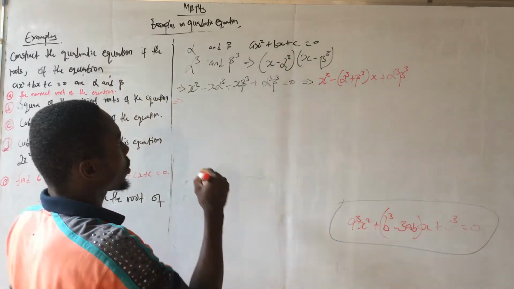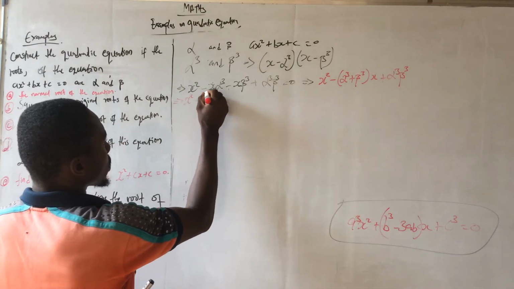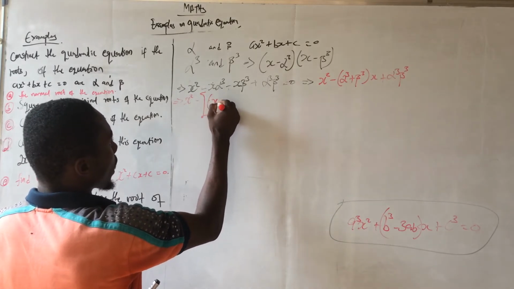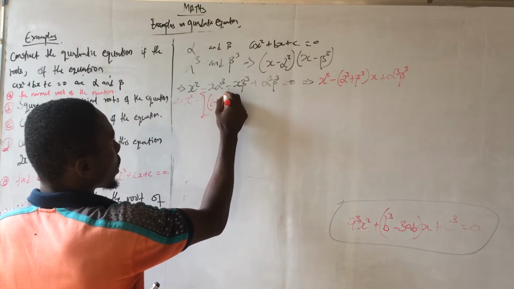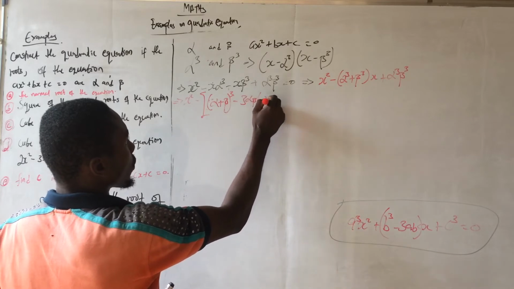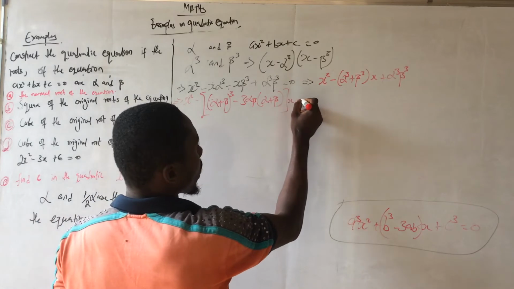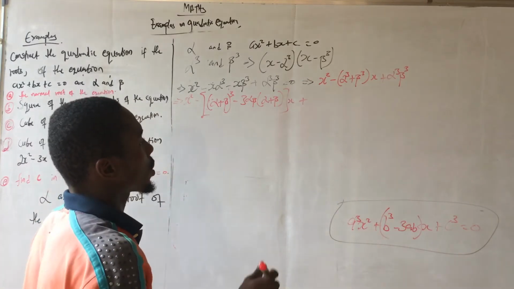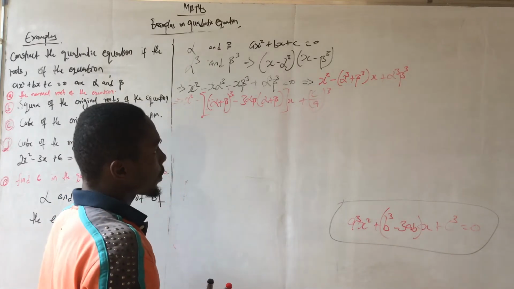Now remember this. We are going to do this: x squared minus, we put a chain bracket, (alpha plus beta) all squared, all cubed, minus 3 alpha beta (alpha plus beta). Chain bracket close, all in x, plus alpha cube beta cube, which is c over a all raised to the power 3.